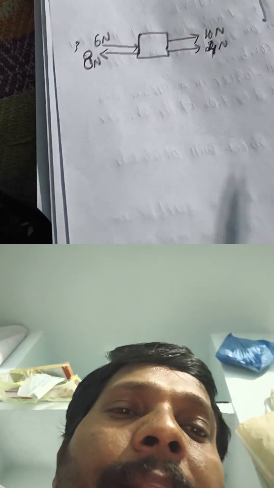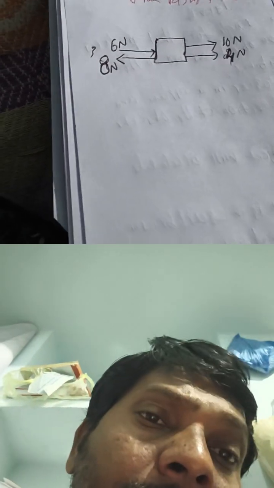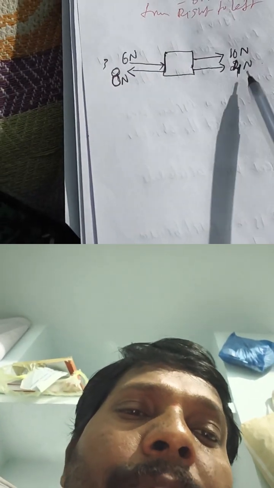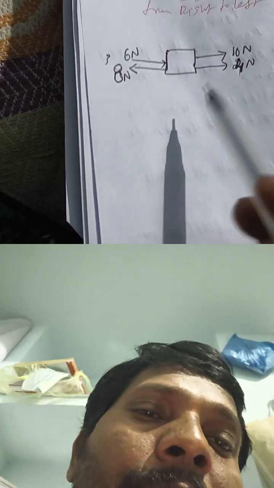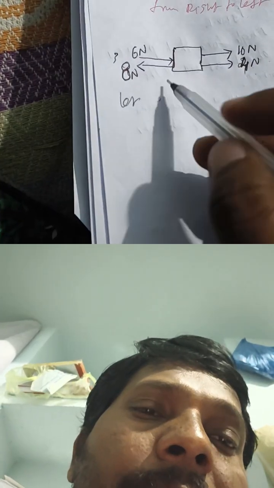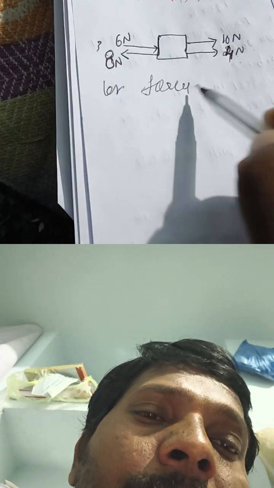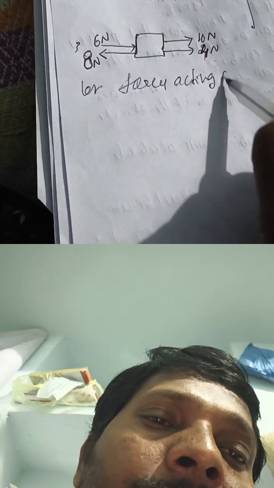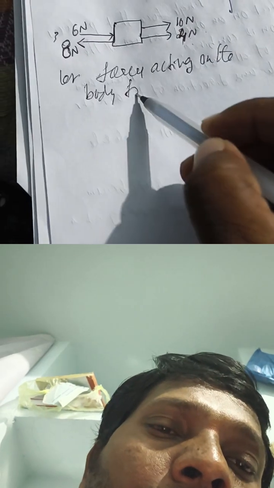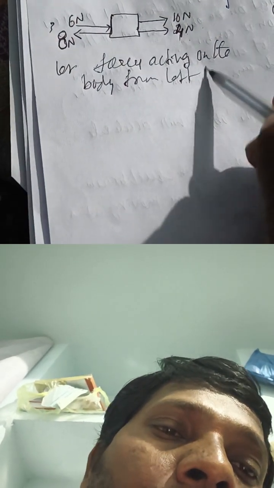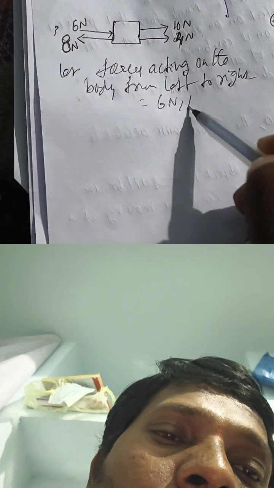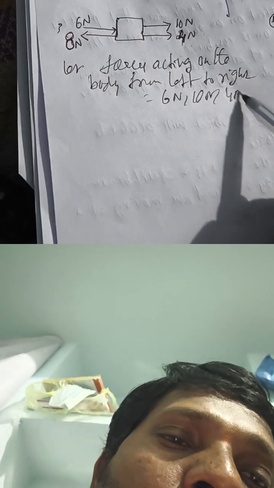Observe their directions. So three forces are acting from left to right: 6 newtons, 10 newtons, and 4 newtons. Only one force is acting from right to left. So let us write forces acting on the body from left to right equal to 6 newtons, 10 newtons, 4 newtons.